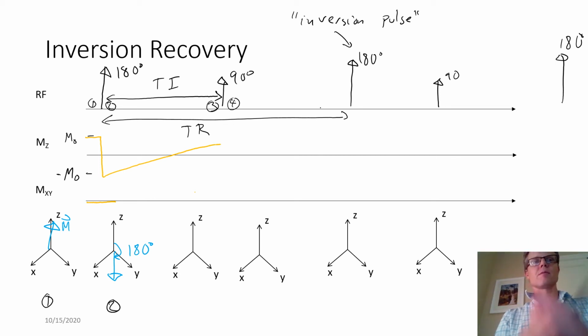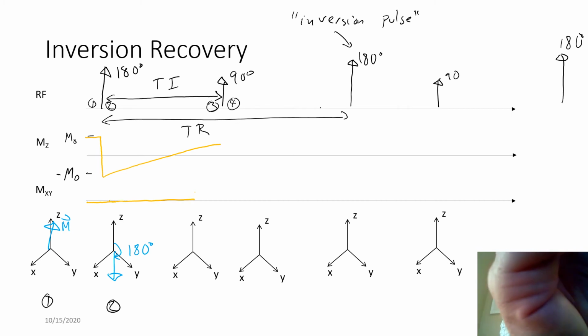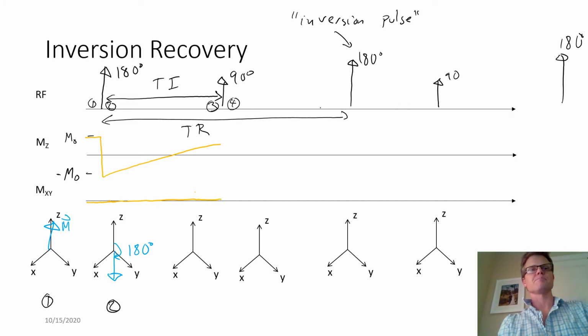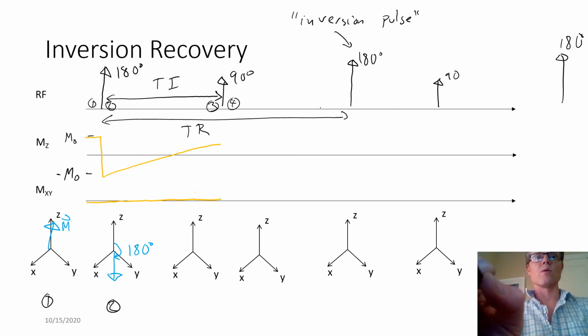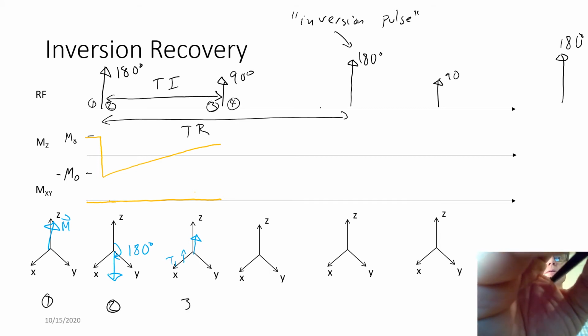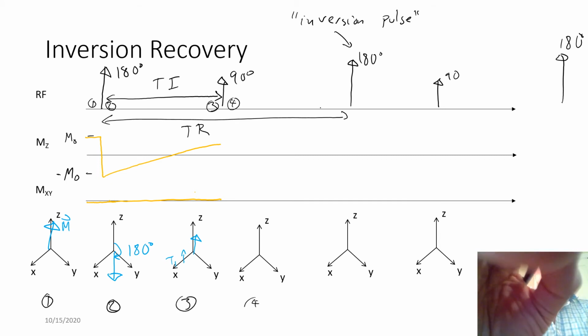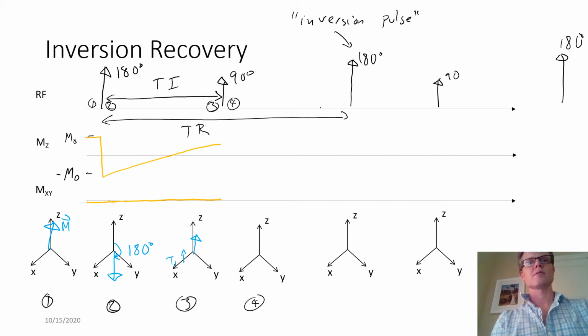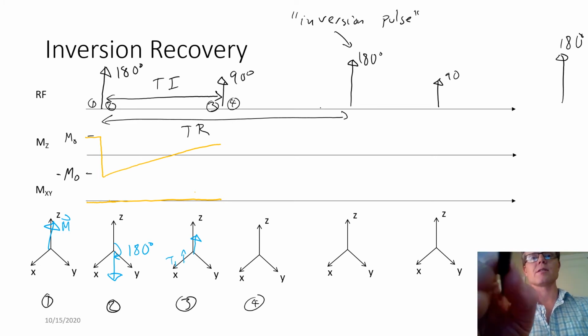So we can sketch this out as follows. In this diagram down here, we've got T1 happening. As I've drawn it, we end up with some smaller longitudinal magnetization.